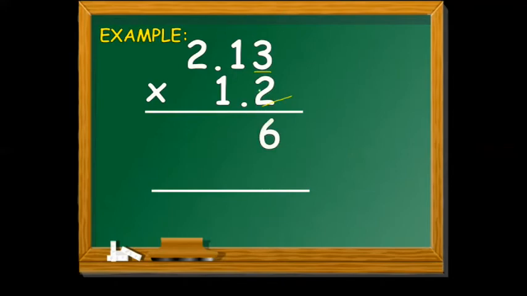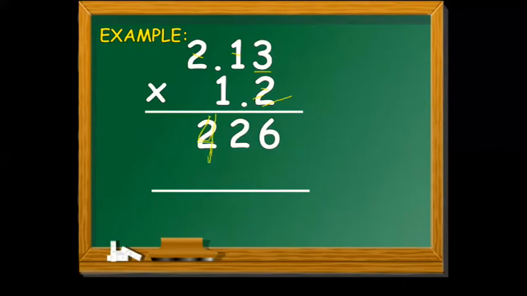The next one, 2 times 1 equals 2. And then the other one, 2 times 2 will become 4. So it's gonna be 4. Yan, 4 siya.